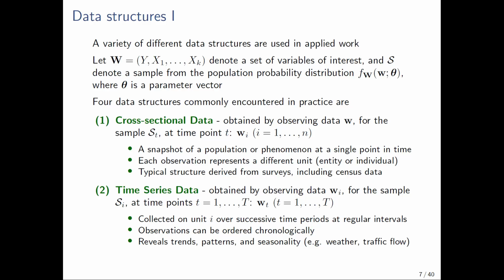We could look at time series data for weather, for instance. It could be traffic flow on a link. It could be the number of passengers on the London Underground over a day or over a year. Those would be typical examples of time series data. So one unit observed at multiple points in time, indexed by t, where t can take a value from 1 up to big T.